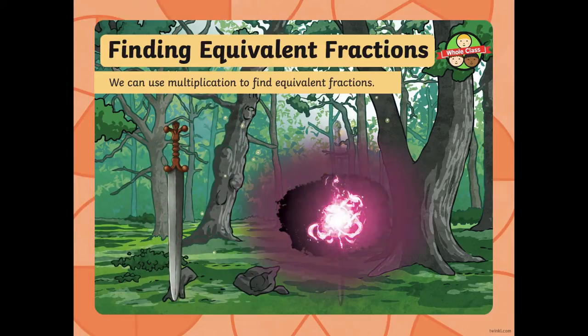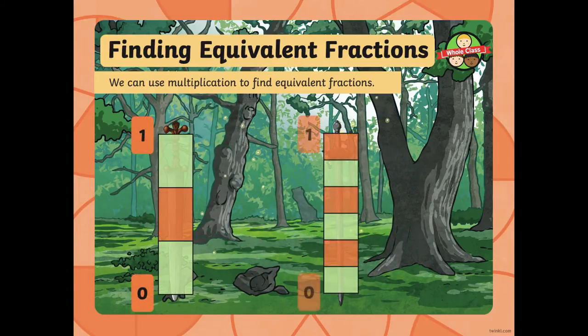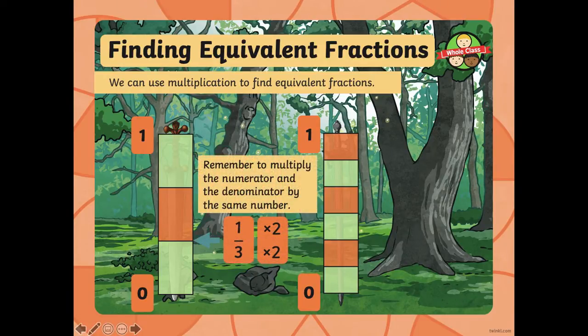We can use multiplication to find equivalent fractions. So here, if you're trying to find equivalent fractions, say you have 1/3, okay? If you times the top number by 2 and the bottom number by 2, you'll get an equivalent fraction. So 1 times 2 is 2, and then 3 times 2 is 6.